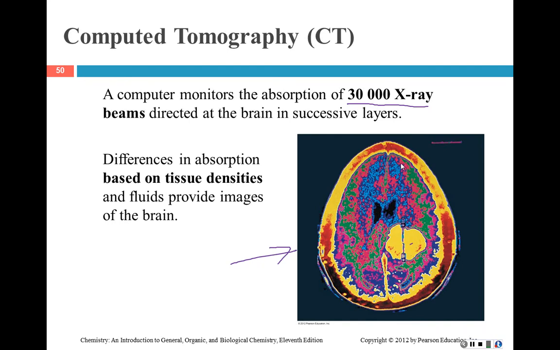And you can tell anomalies in the brain, well, a trained person can, by looking at these images and seeing if you have a really dense mass or something accumulating in tissue that should not be there.